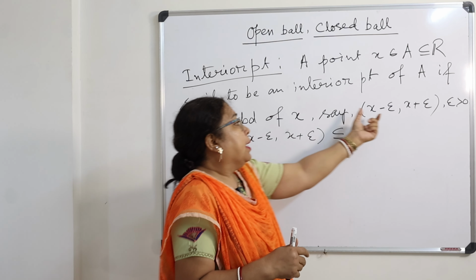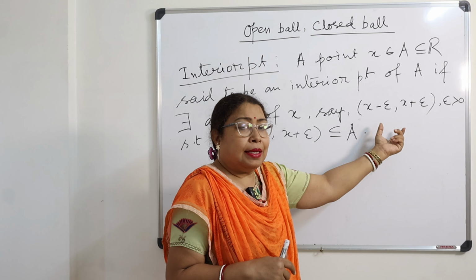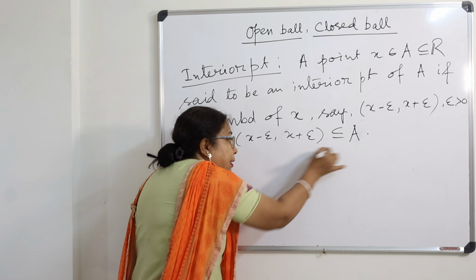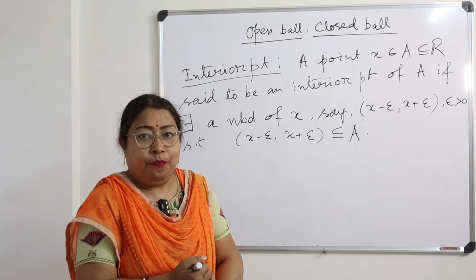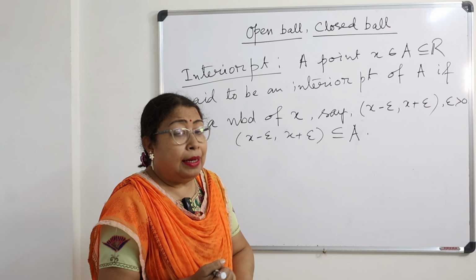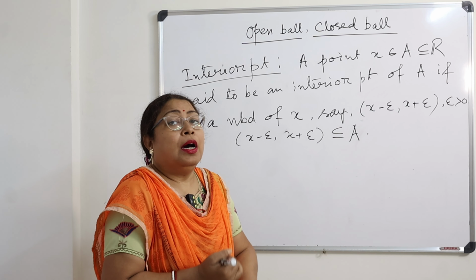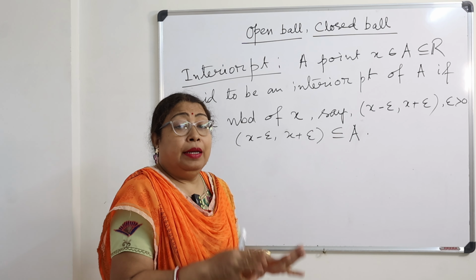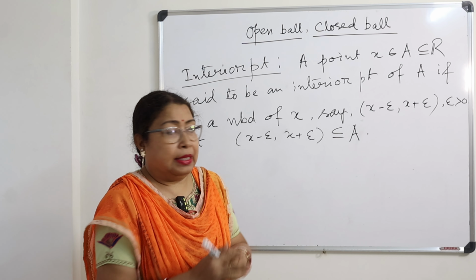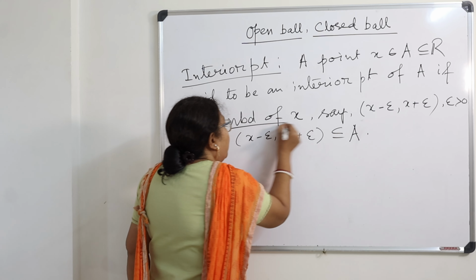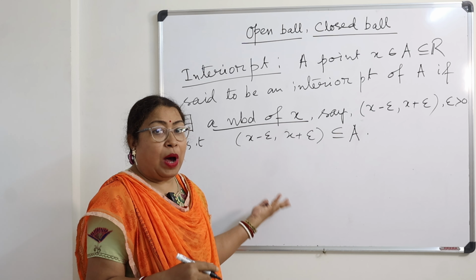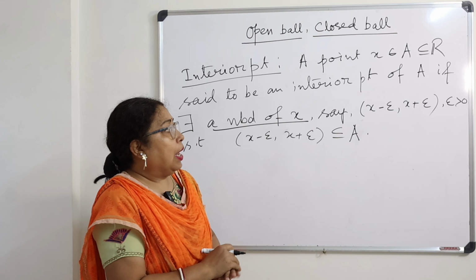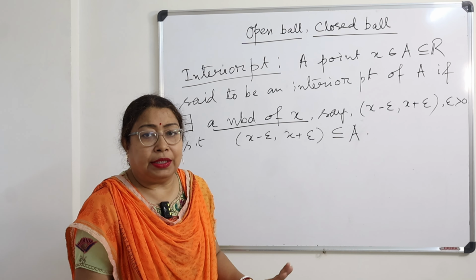We can say that the open interval (x minus epsilon, x plus epsilon) lies entirely within capital A. Now the parallel notion of interior point in the metric space is that the neighborhood of x is replaced by an open ball. All other things remain unchanged.